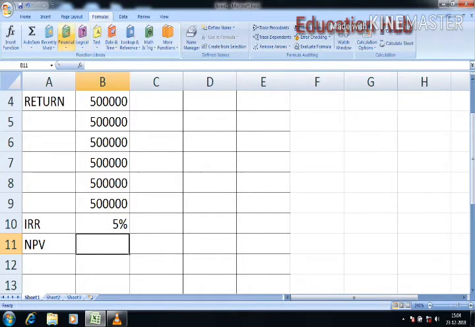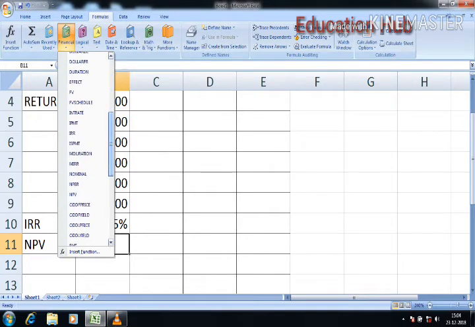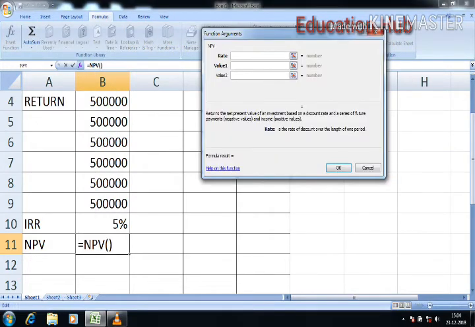Now from the formula I am starting that calculation once again. Formulas, Financial. Now I am selecting NPV.